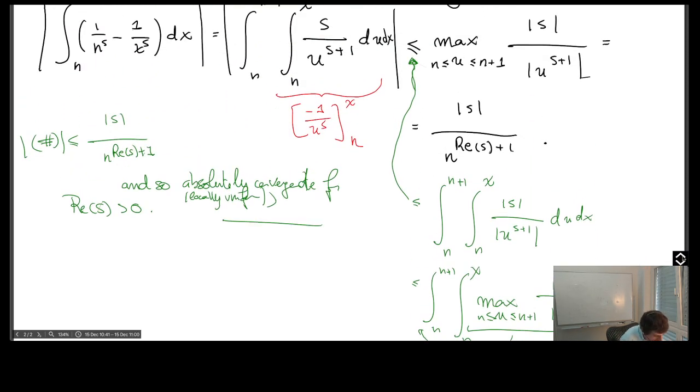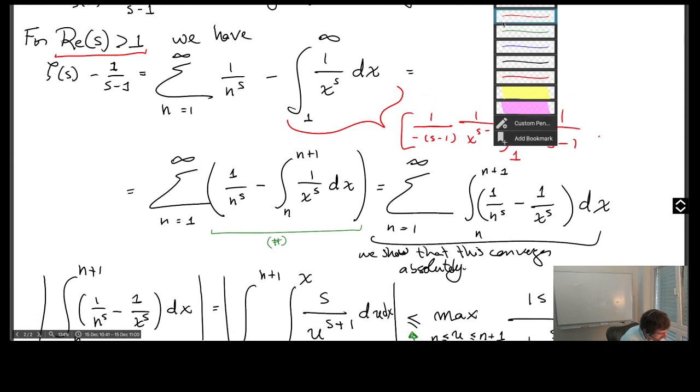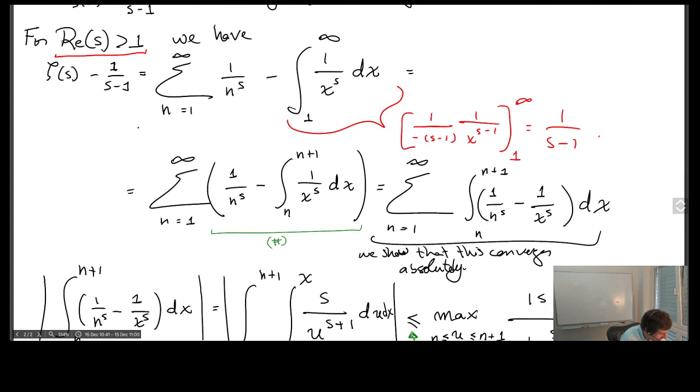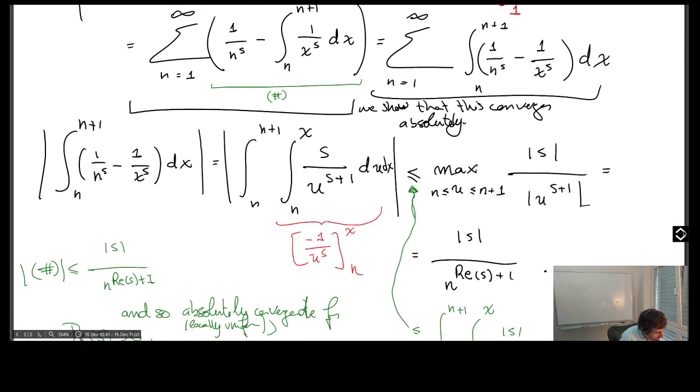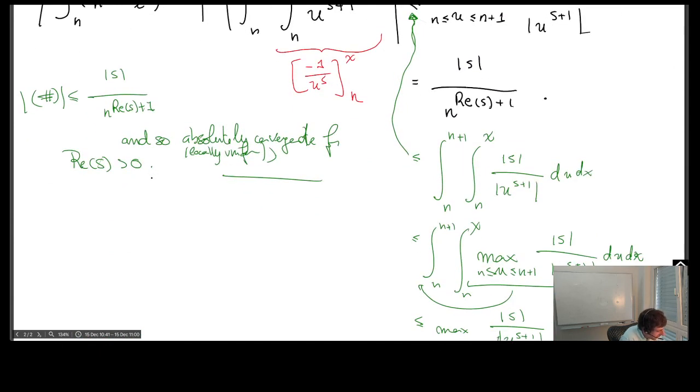So basically, this means that, let's go back conceptually. Once I look at this function, zeta of s minus 1 over s minus 1, for s bigger than 1 it is equal to this series here. And this series converges absolutely, and locally uniformly, everywhere on the real part of s being bigger than 0.